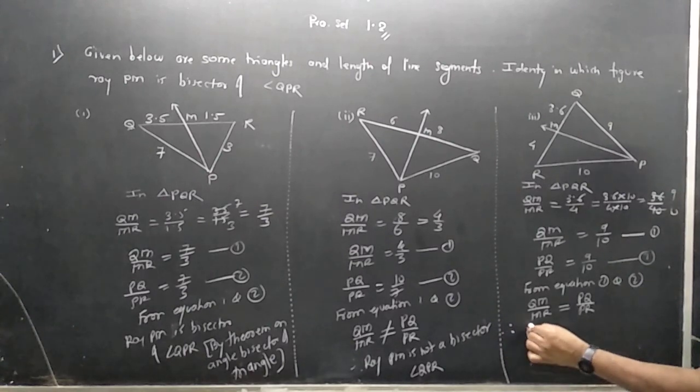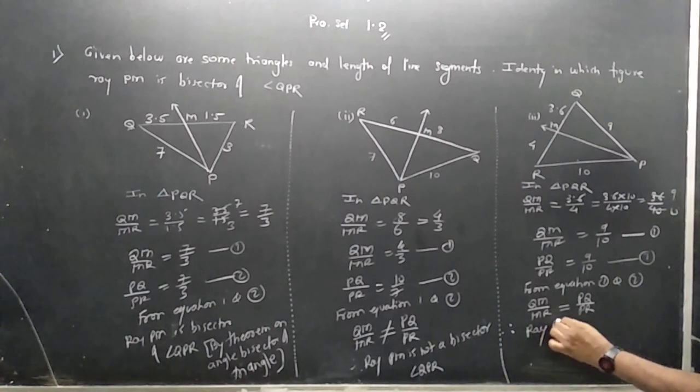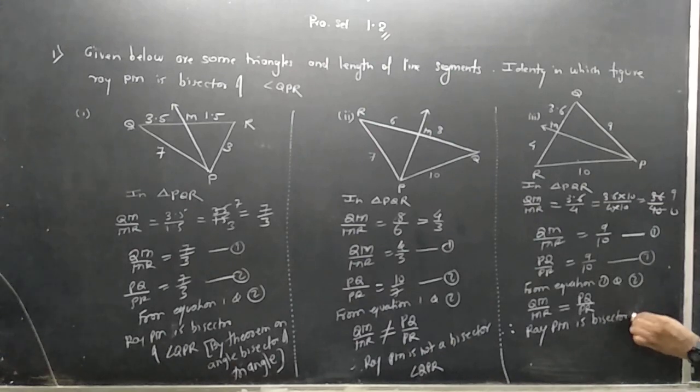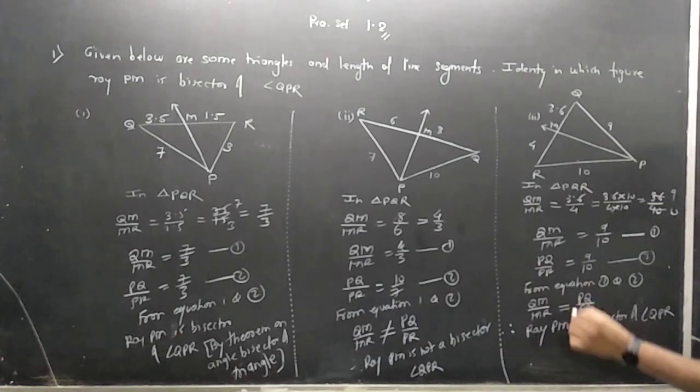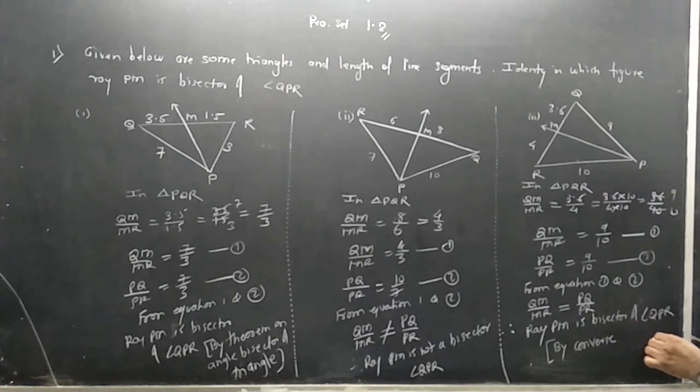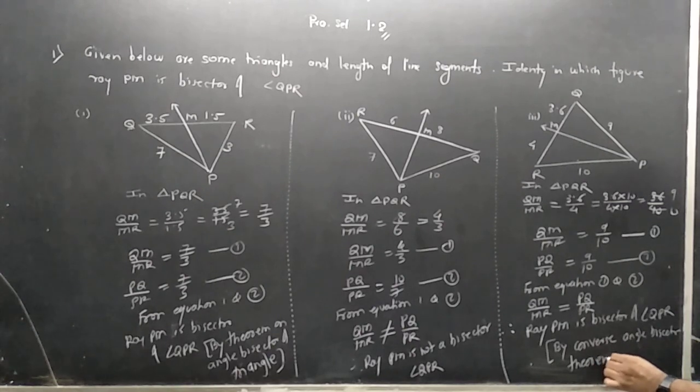Therefore, ray PM is bisector of angle QPR. Now the reason: by converse of angle bisector theorem of a triangle.